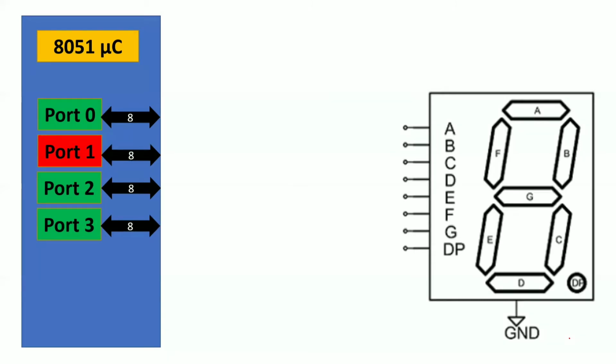Now, whenever you want to interface any input device or output device, what will be the first choice of port? My choice is port 1. Why? Because there is a reason. If you take port 0, it can act as input port, output port, and also as bidirectional address bus and data bus.